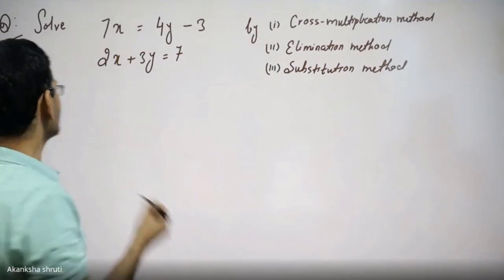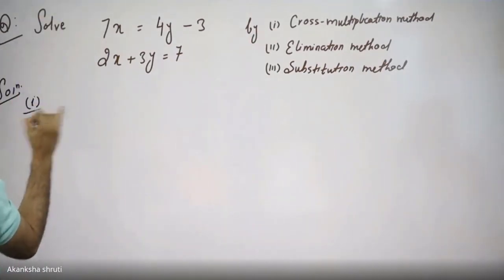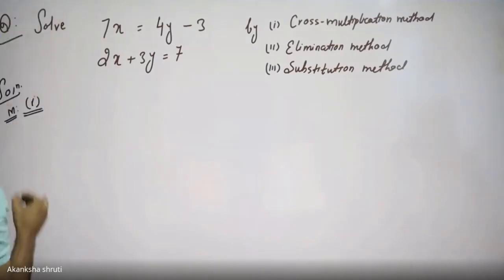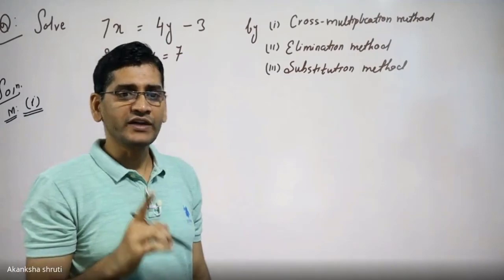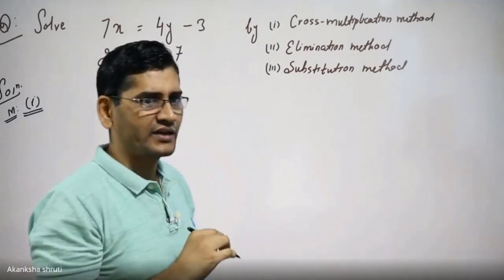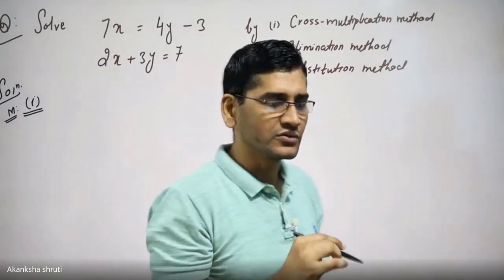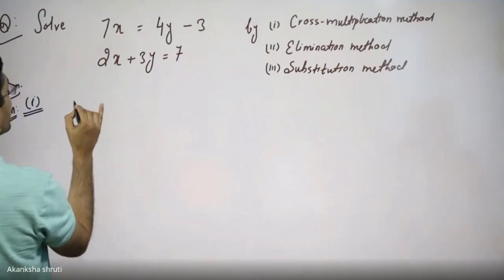Let us solve by the very first method, called the cross multiplication method. As we have just learned, for the cross multiplication method, the equation must be written in standard form. That is the prime thing that we have to do. So first, write it in the standard form.